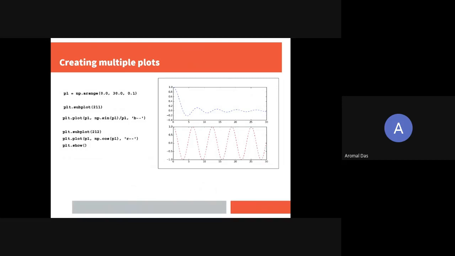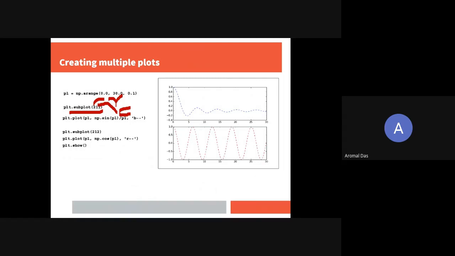So in the first, subplot 2, 1, 1. This means 2 is the row and 1 is the column. So here we are having 2 rows and 1 column.